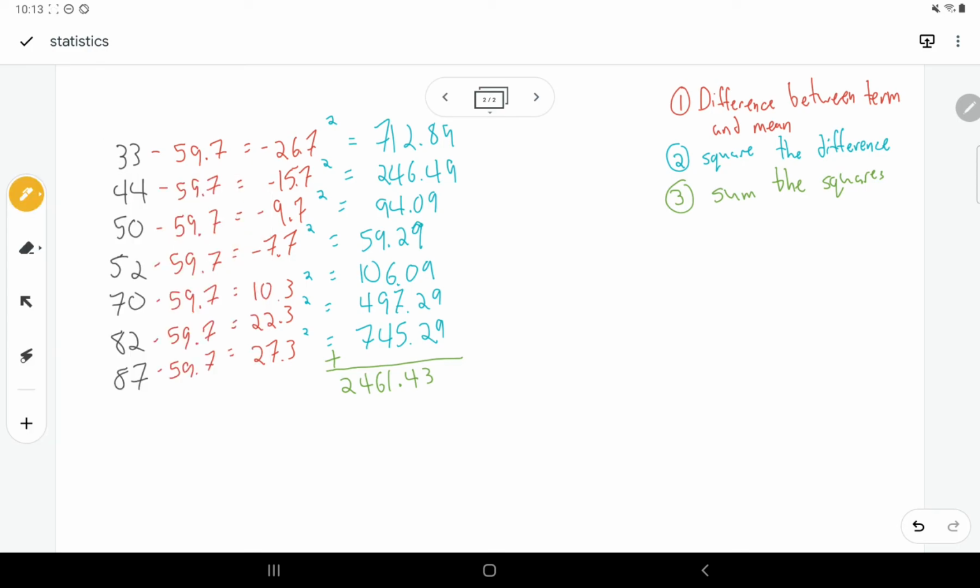Our next step here, number 4, we are going to divide by the number of terms. Whoops. Spelling errors. Terms.